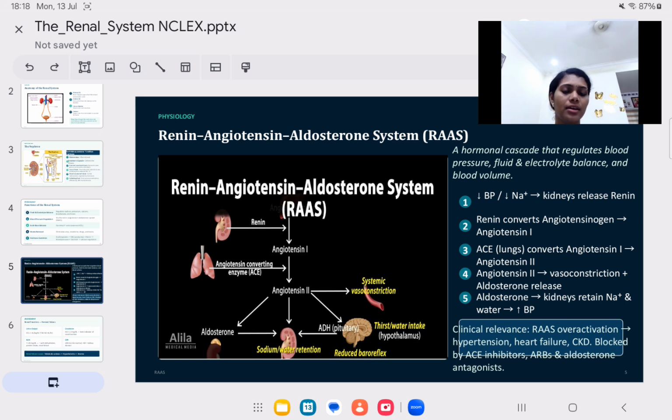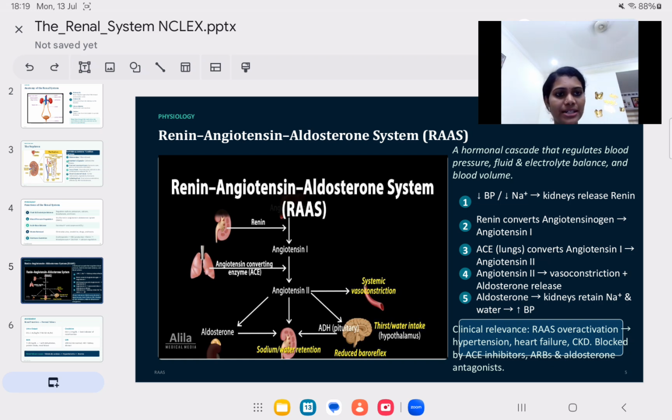Angiotensinogen is converted into angiotensin 1 in the presence of renin. Renin helps in the conversion to angiotensin 1. Angiotensin 1 is then converted into angiotensin 2 with the help of angiotensin converting enzyme, the ACE enzyme, which helps in systemic vasoconstriction.